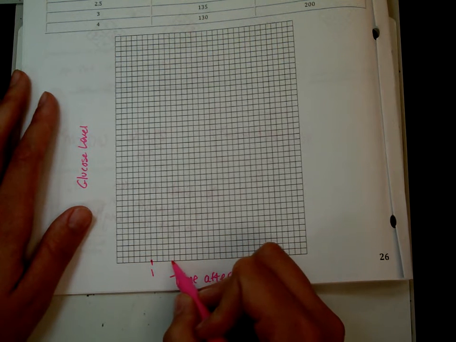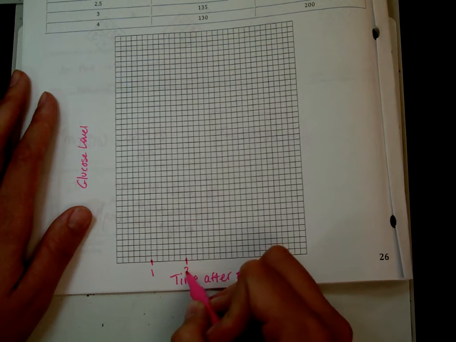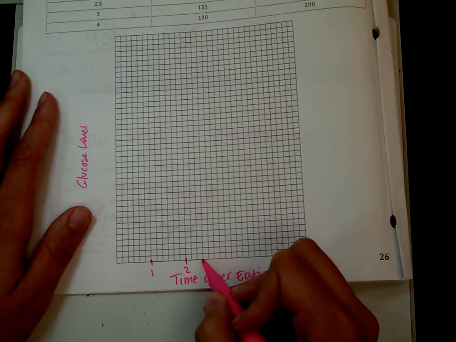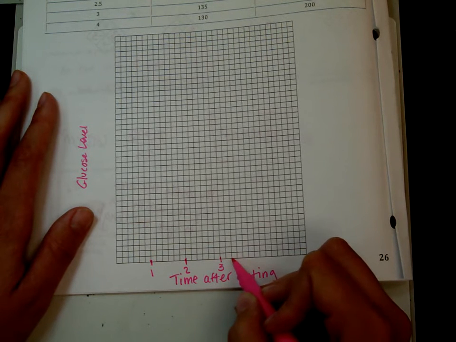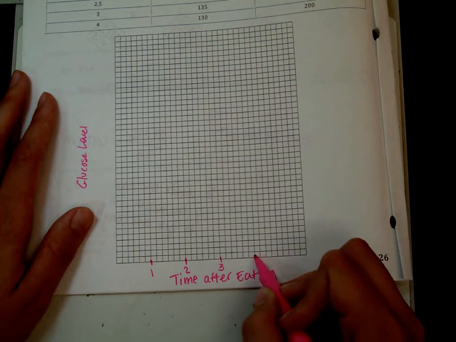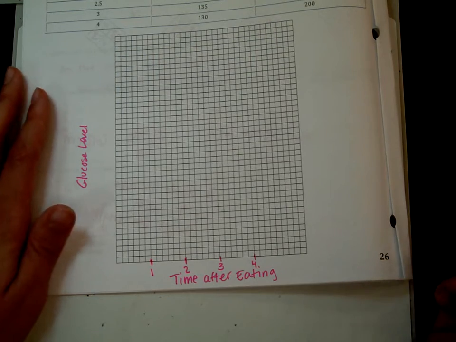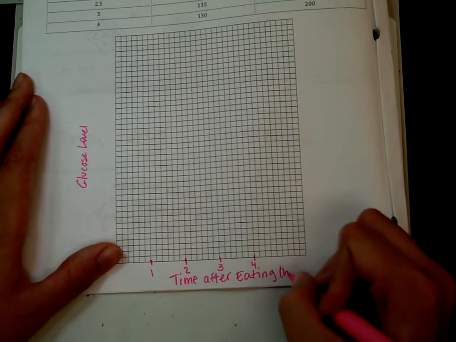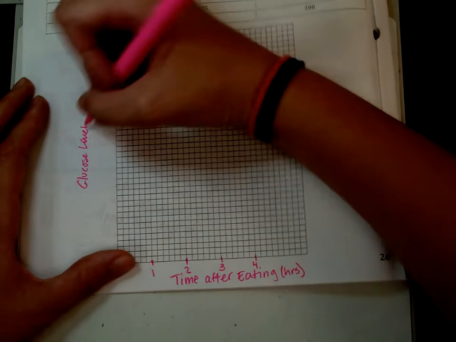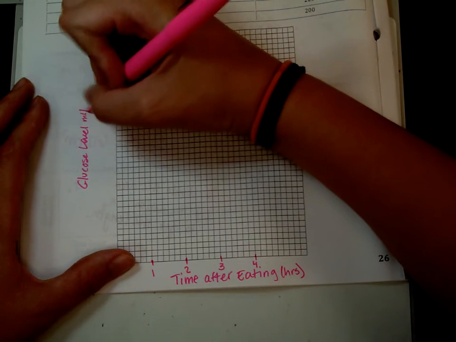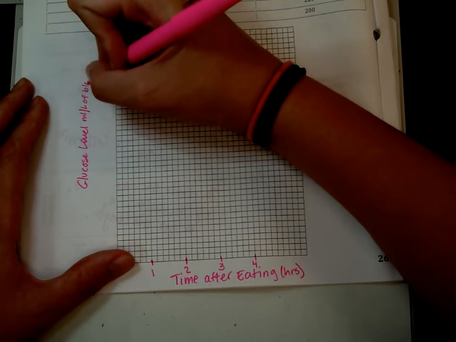Then 2, 3, and 4. So our time after eating is in hours. And our glucose level is in milliliters per liter of blood.